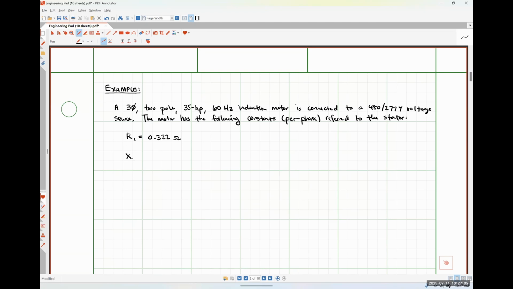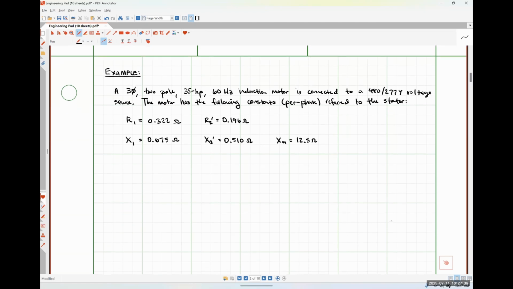We are going to have X1 equal to 0.675 ohms. R2 prime will be 0.196 ohms. X2 prime will be 0.510 ohms. And our magnetizing reactance will be 12.5 ohms. Okay.